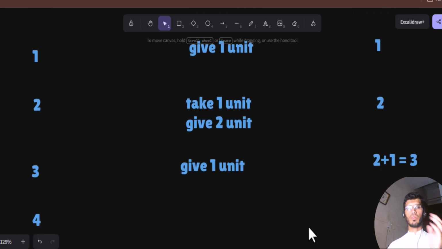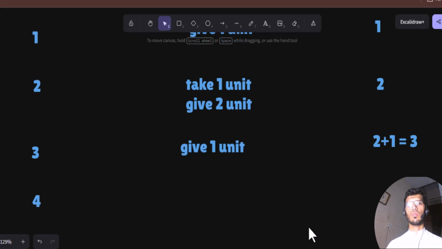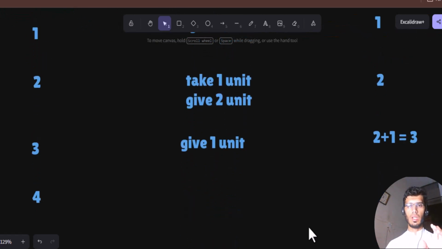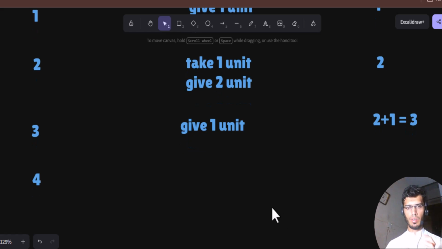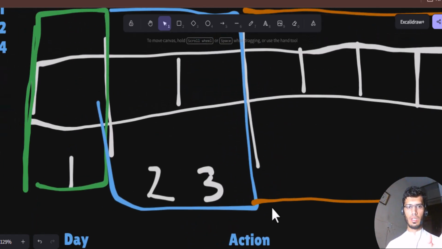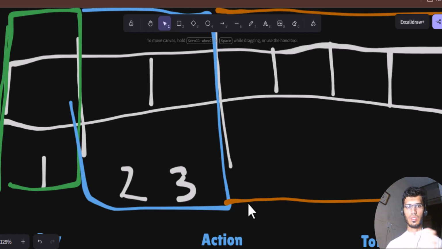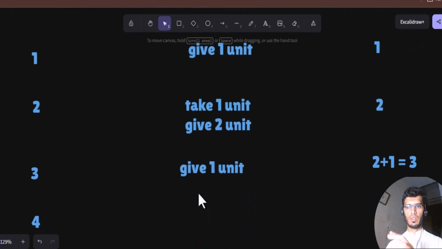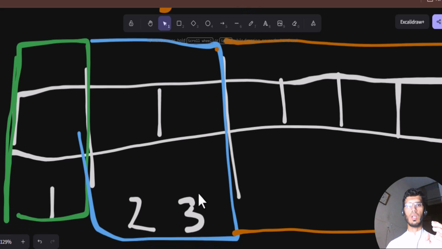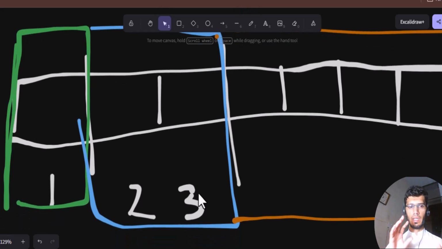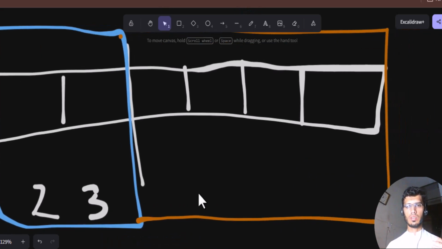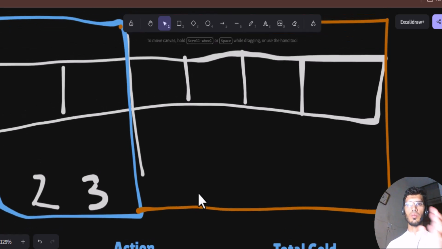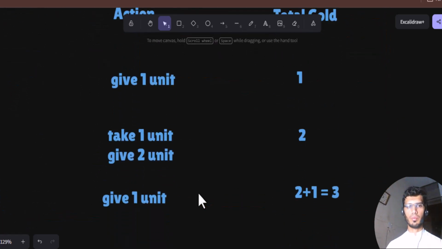Similarly, on day 4, what the employer will do is simply take away the first and second units, as the employee has 3 units. So the employer will take this first and second unit, and instead we will give him this third unit of 4 pieces.